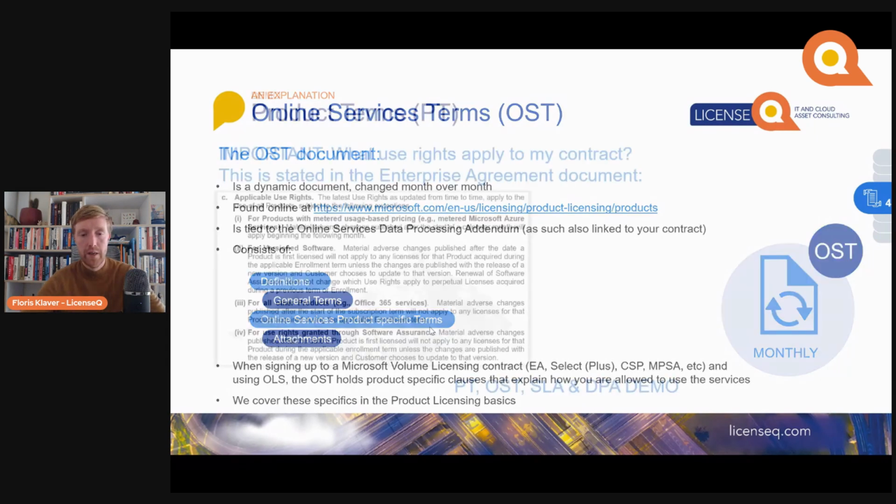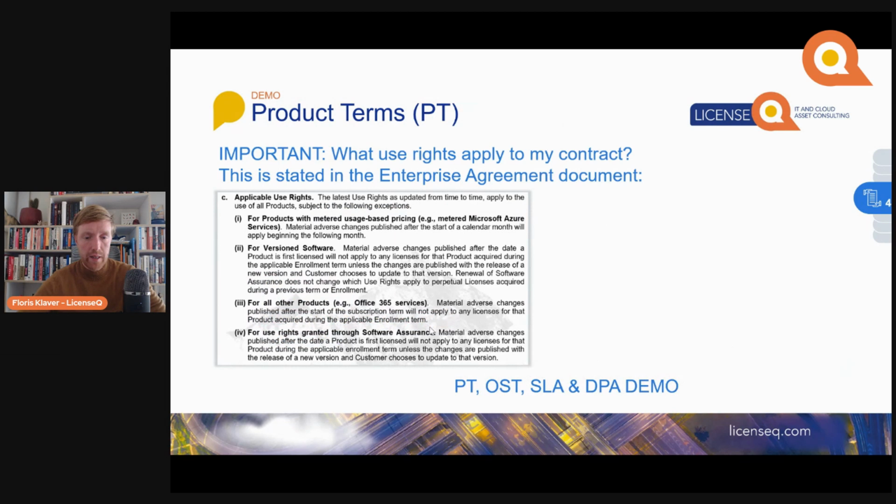So it might be a good idea to look at the product terms and the online services terms in a bit more detail. But before I do that, the applicable use rights is something that is listed in your enterprise agreement as well. And it states what use rights apply. So like I said, the product terms and the online services terms are dynamic documents that are being changed month over month.